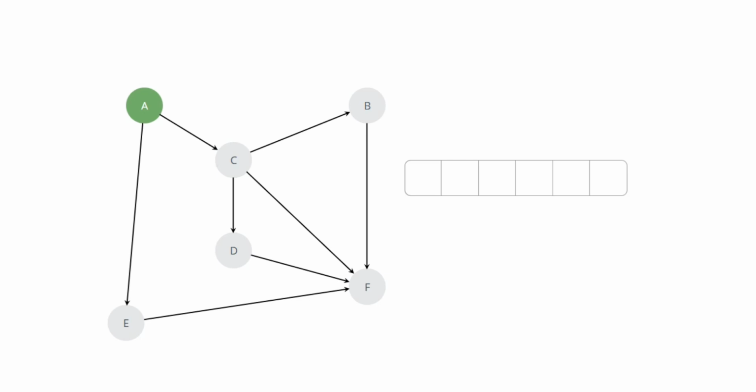Next, we need to process the next node, that is C. After A, we need to visit C. Visit A, process it, and next visit C. Then we dequeue C. A's neighbors are C and E. First we visit C, next we visit E, until the neighbors are visited.